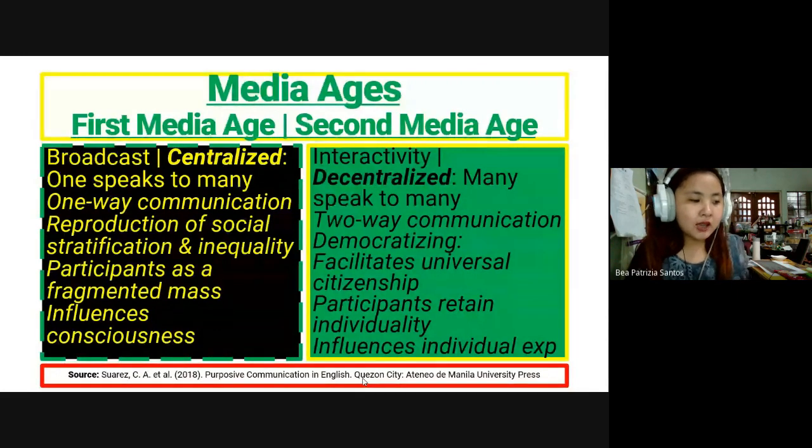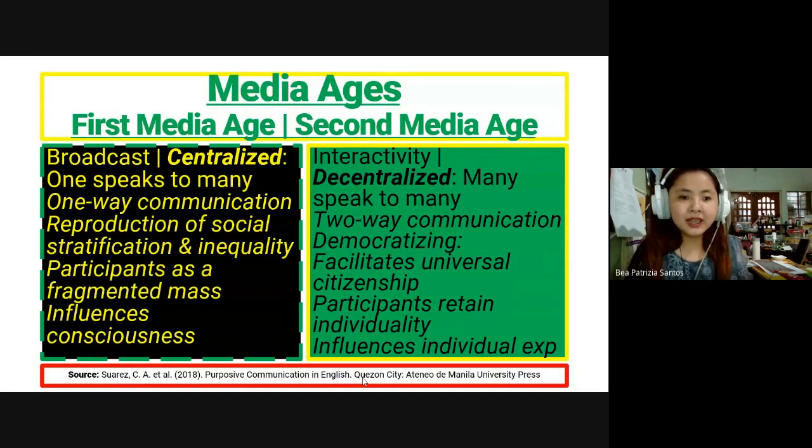In fact, if your presence on social media endangers you, it becomes harmful for the people you love as well. So, even though the second media age influences individual experience, it can also harm the people you know. So, you have to be careful.